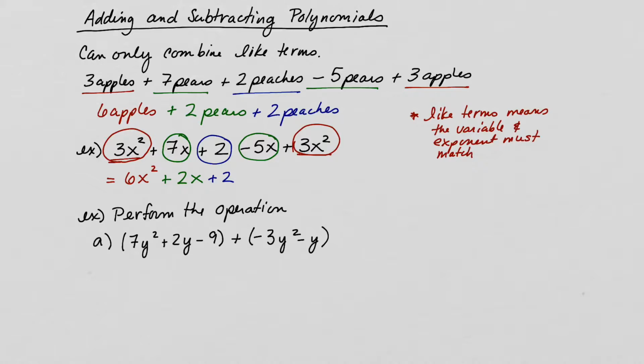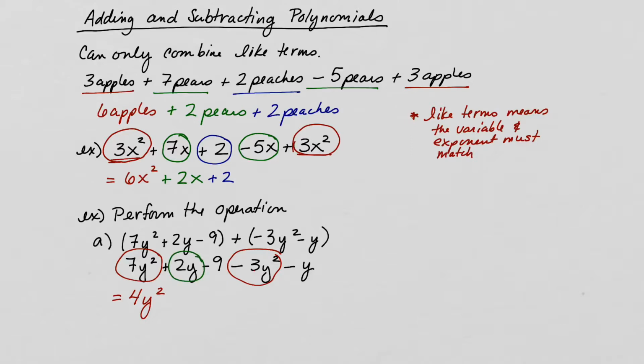So I'm just going to rewrite it: 7y squared plus 2y minus 9. Positive times a negative is just a negative, so minus 3y squared. Positive times a negative is just negative, so minus y. Now I have a y squared term and another y squared term, so 7 minus 3 gives me 4y squared.